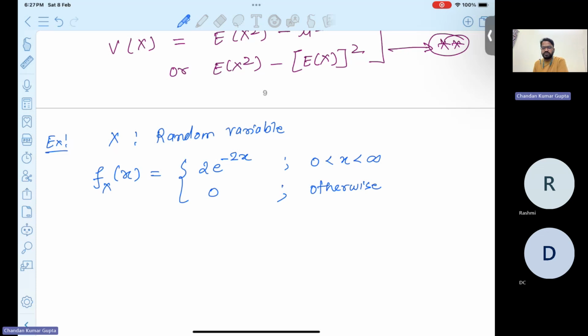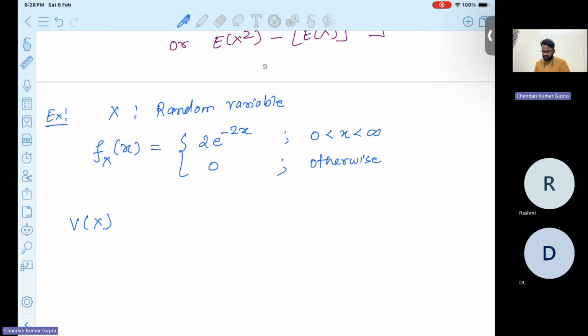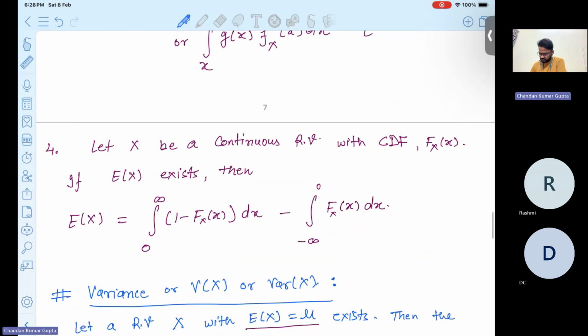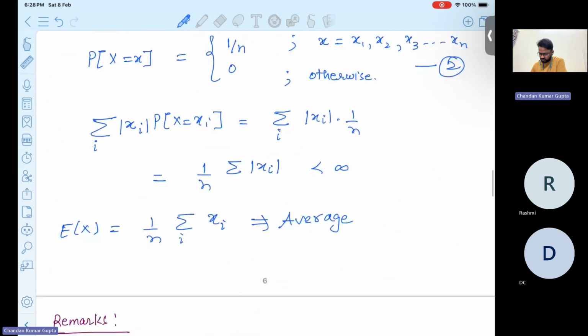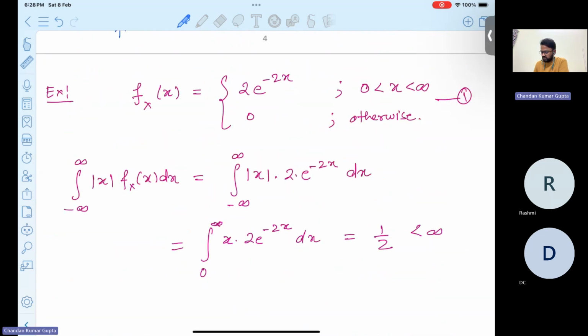So this is the PDF we are given, and we need to calculate the variance of x. We have already discussed the mean of this particular quantity. The mean is 1/2, so expectation of x is 1/2.